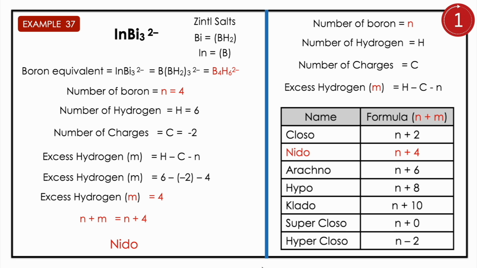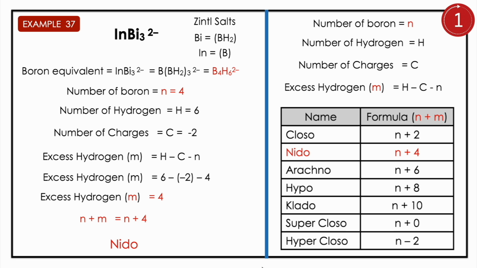To identify the structure, we should count the number of borons. First step will be counting the boron. There are 4 borons, so N equals 4. There are 6 hydrogens, so H equals 6. Charge is 2 minus, so C equals 2 minus.